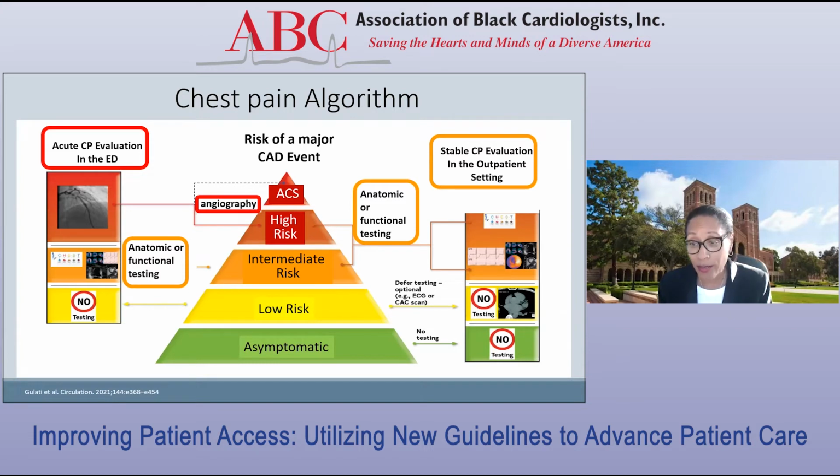And this is where access becomes very, very important. Again, we don't always offer the testing that's appropriate to the same people at the same rates. People of color, Black and brown people, women often get offered testing at lower rates than majority populations. And if we do offer it, then we have to figure out how to get it paid for.